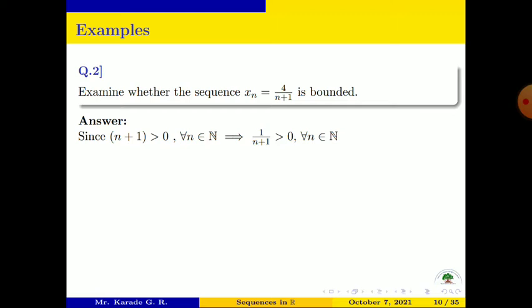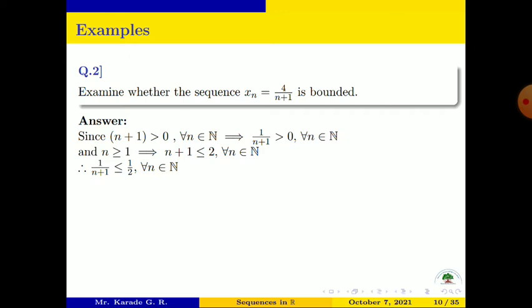The reciprocal is also greater than 0 for all n belongs to N, and n is greater or equal to 1. Since n is greater or equal to 1, n plus 1 will be greater or equal to 2 for all n belongs to N, and therefore 1 upon n plus 1 is less or equal to 1 half for all n belongs to N.